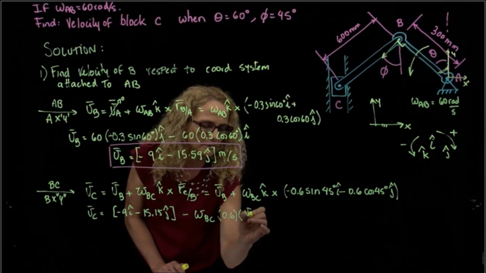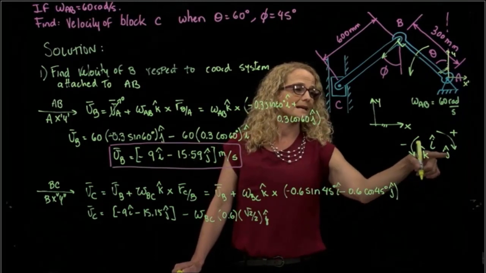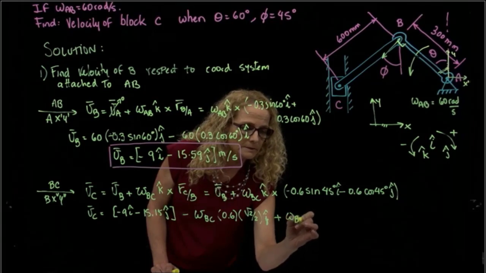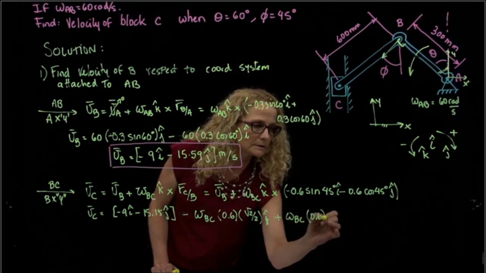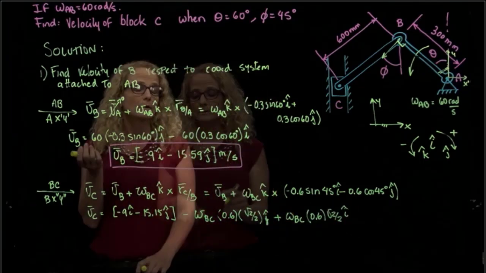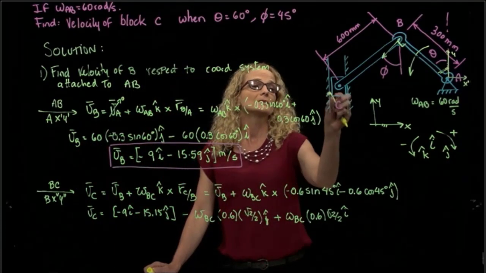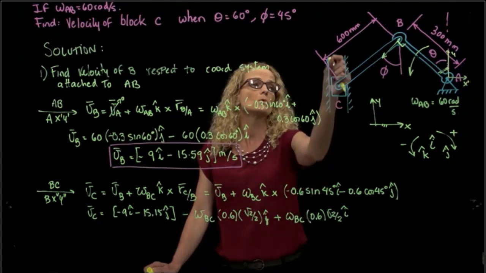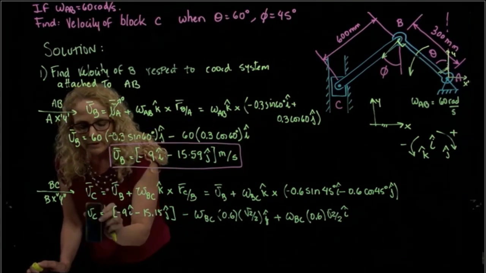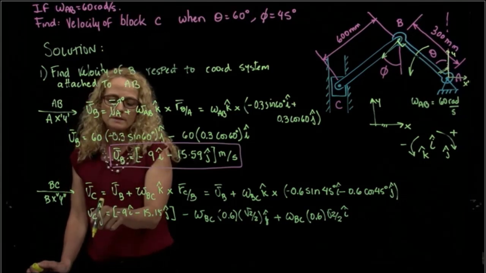Sine of 45 we know is square root of 2 over 2, in J. K times J is negative I, and with this negative it becomes positive: omega BC times 0.6 square root of 2 over 2 in I. The other thing that I know is the direction of the velocity of C, because that block is forced to move within that guide. So instead of putting that as a vector, I can say that this is the velocity of C in J.